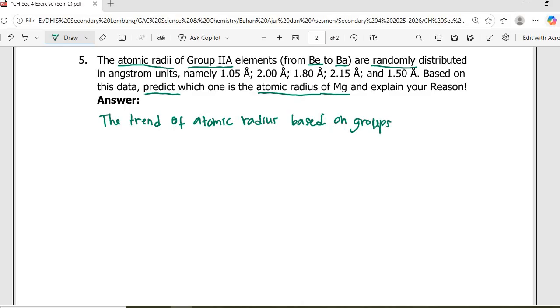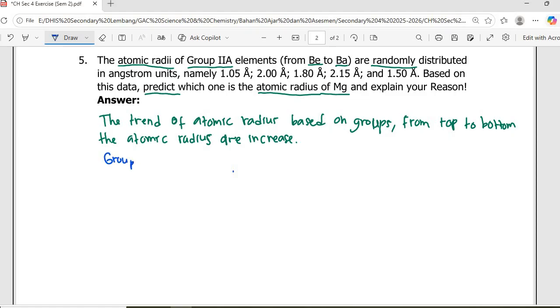If you still remember, based on groups, from top to bottom, the atomic radius increases, or becomes bigger.